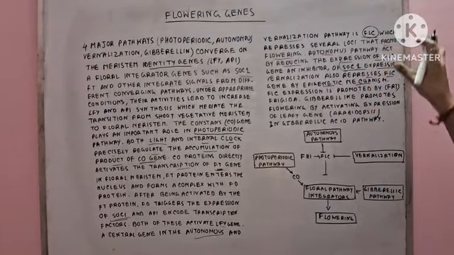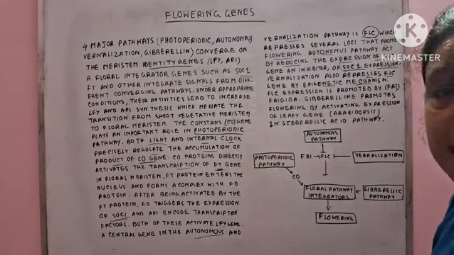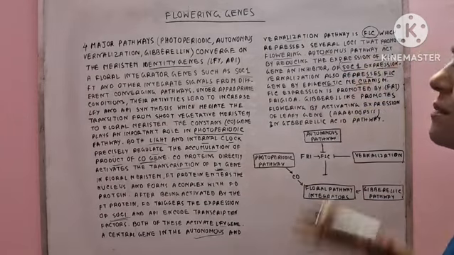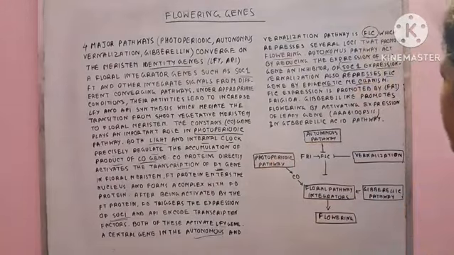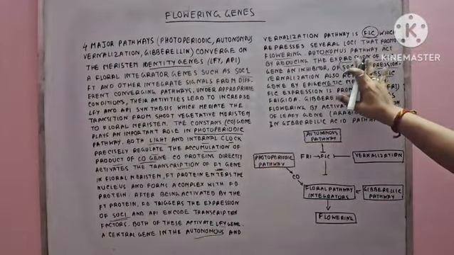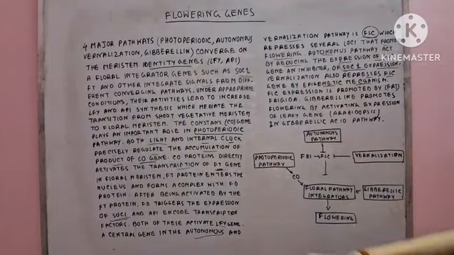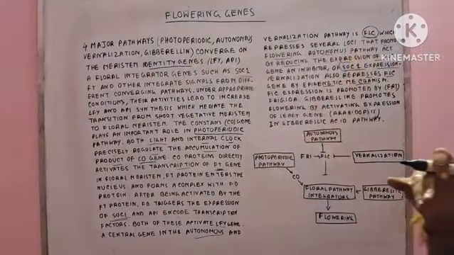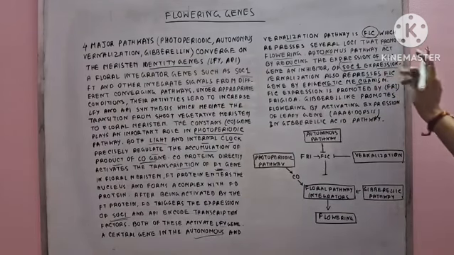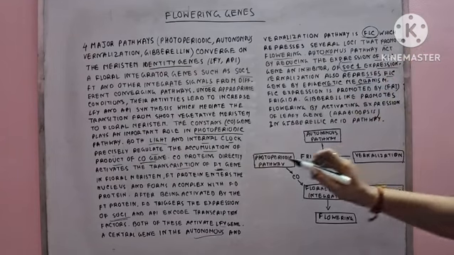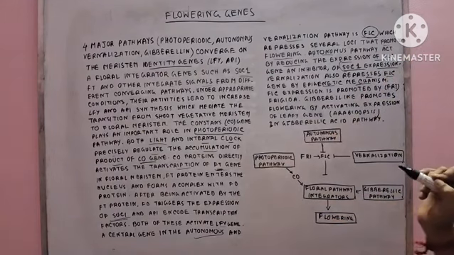Until SOC1 expression is seen, you cannot see the flowering process. So the expression of the SOC1 gene is very important, directly or indirectly. Once this expression has occurred, the flowering process will continue.